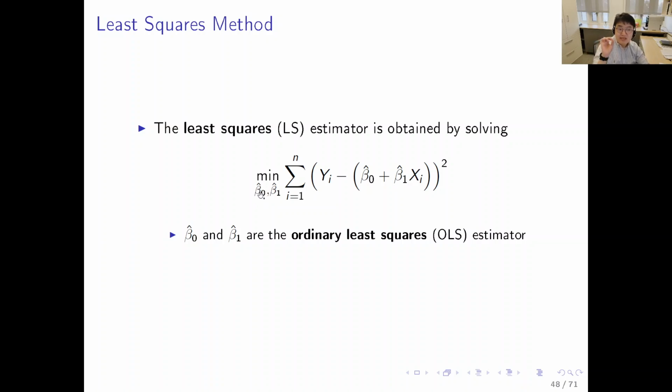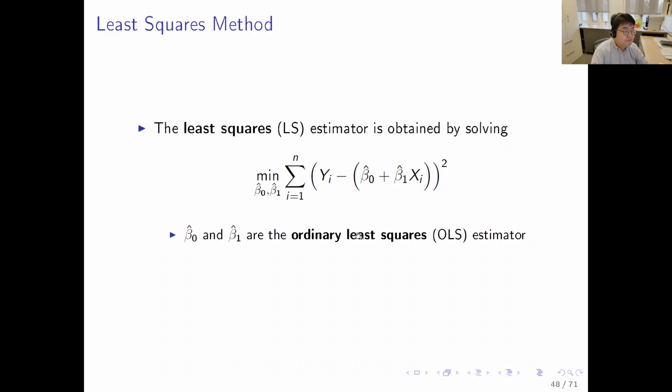You choose beta 0 and beta 1 that minimize the distance. So it is literally a similar problem to the maximization of utility, right? You can calculate the first order conditions and the second order conditions, and then you find the solution. The solutions are the ordinary least squares estimator.